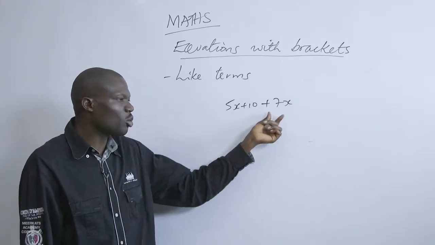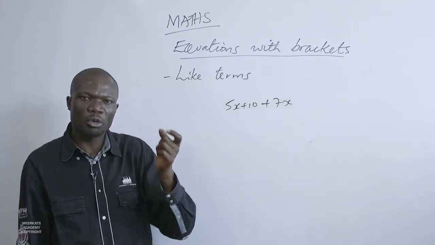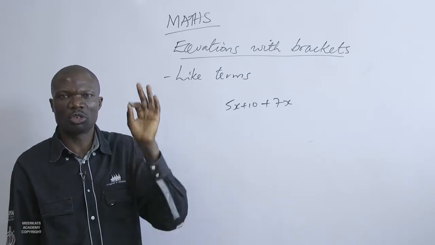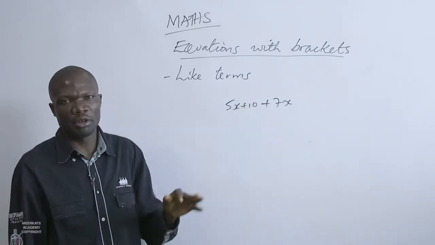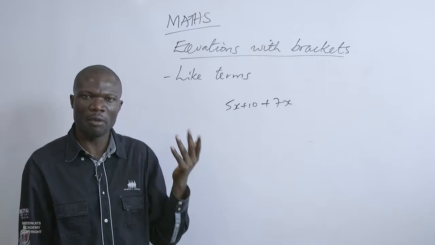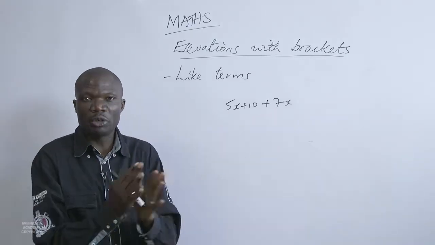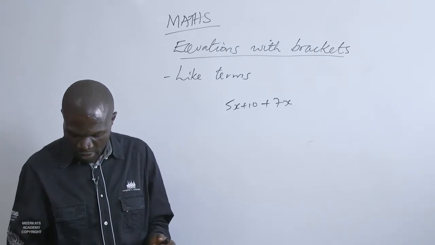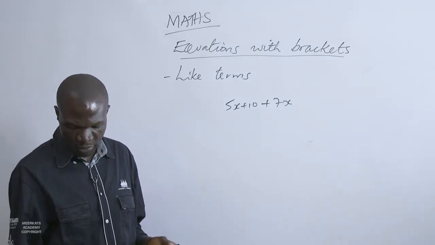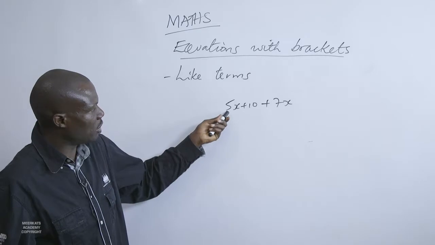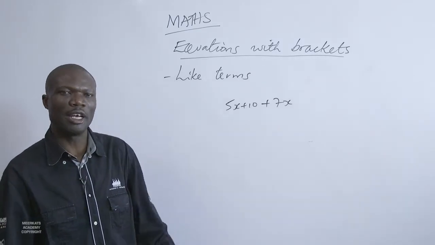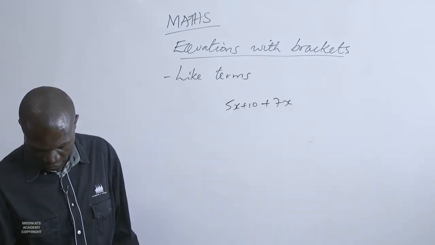The terms with the same pronumeral are called like terms. So like terms are those terms which have the same pronumeral. So this is 5x, this is 7x. So they can be brought together. You can add them together. They can be simplified. So for this case, it will be 5x plus 7x, which is 12x.